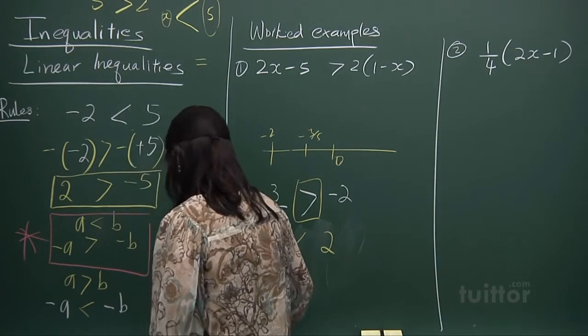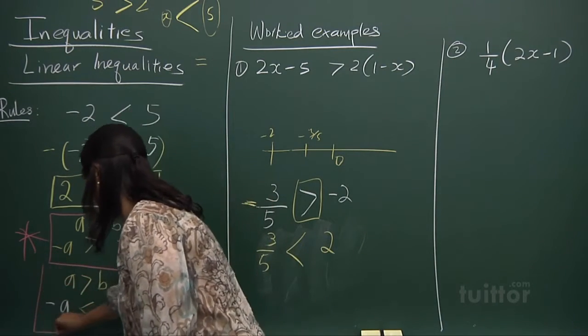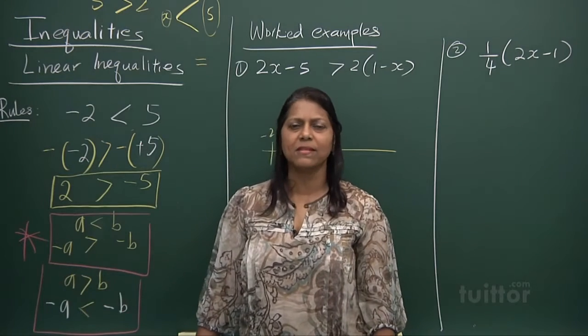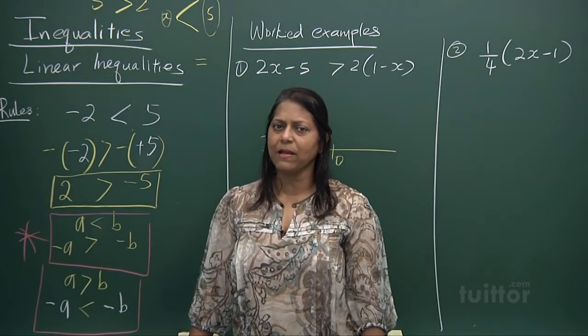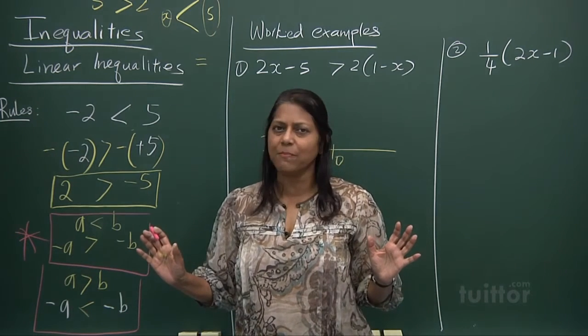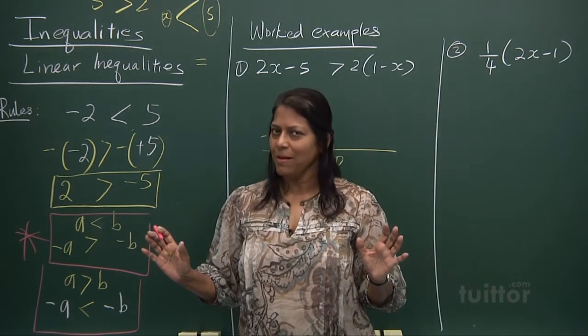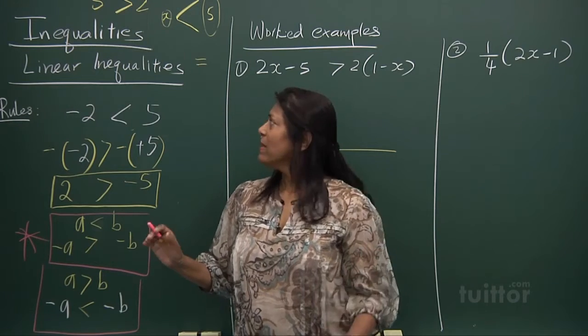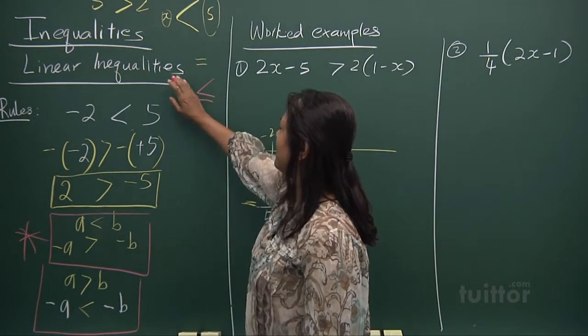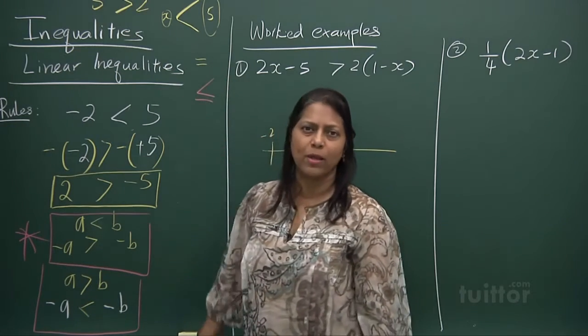So this is what we are trying to advocate. Look at it logically, ask yourself some sensible questions, and it will become a lot easier. So inequalities is about not being equal, bigger or smaller. But sometimes when they put a sign like that, it means it can be smaller or equal.